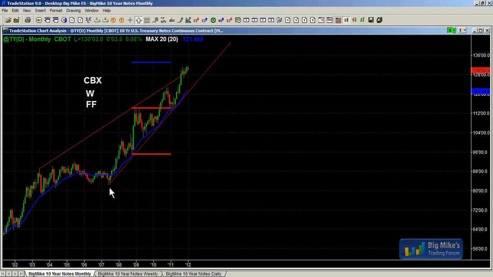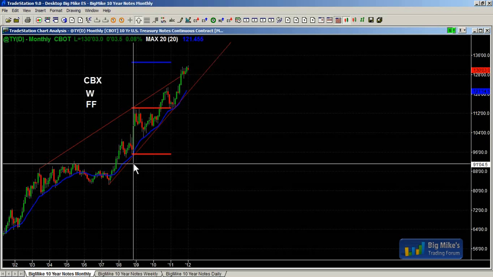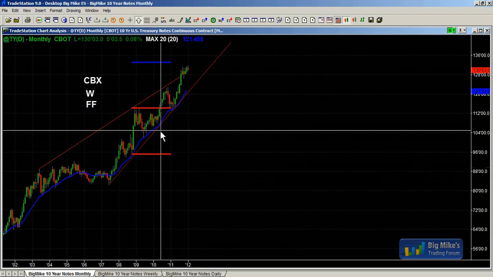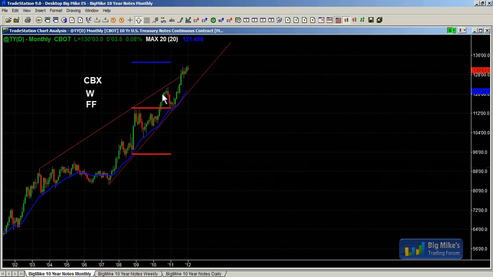This is climactic behavior. If you look at what took place in '07, we had 6, 7, 8 bars without a pullback. That's unsustainable. That's climactic behavior. And then here in '08, we had 2 very large bull trends. In 2010, 5, 6 bars without a pullback, more unsustainable behavior.